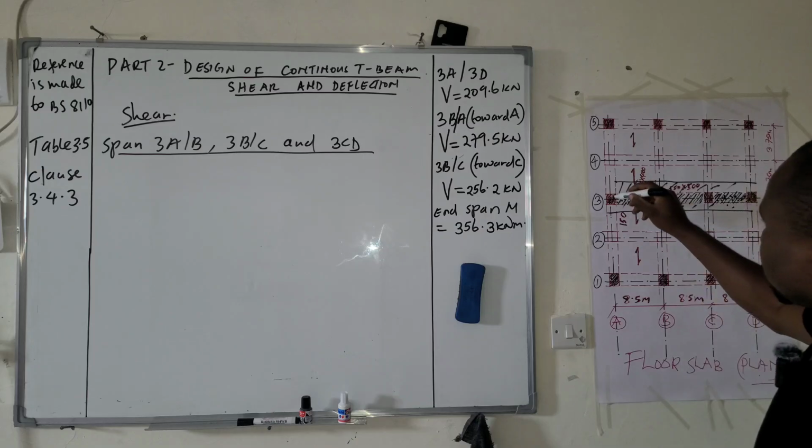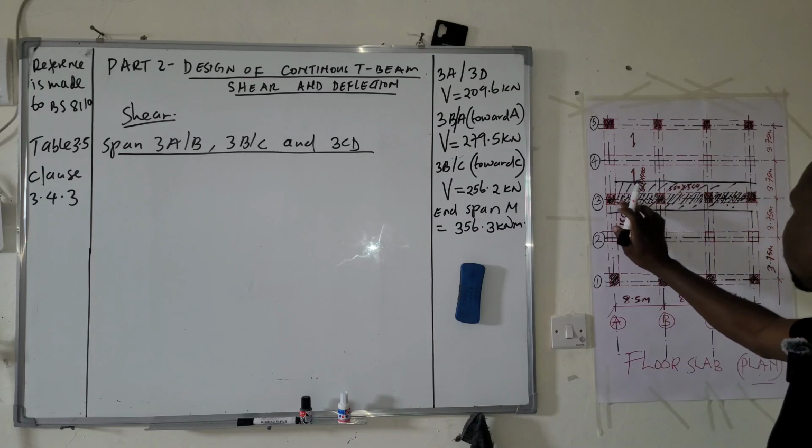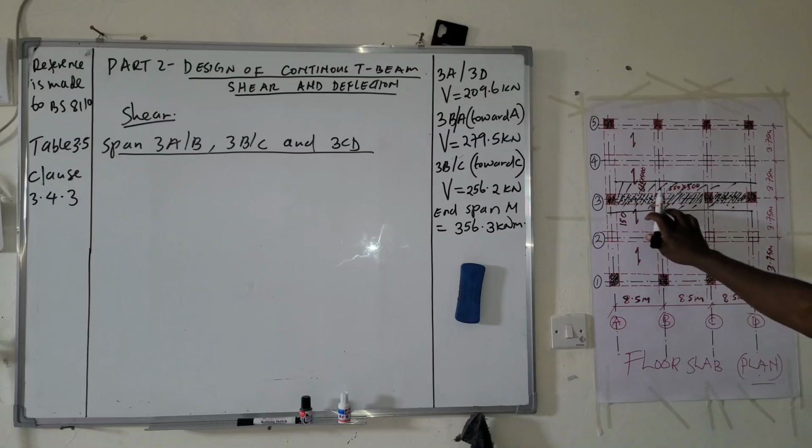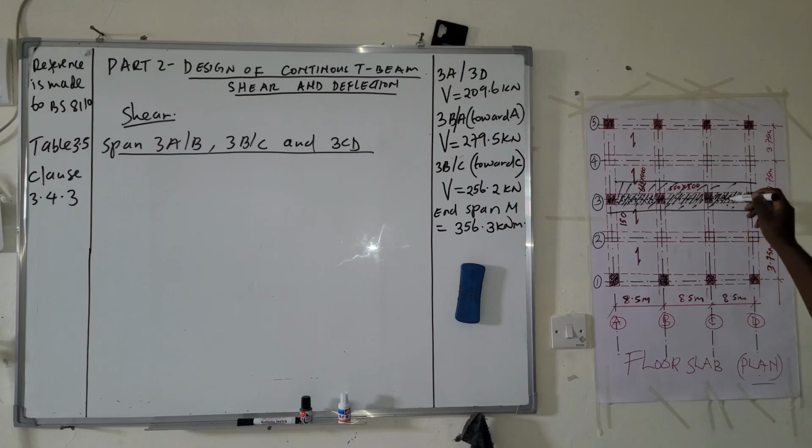This is 3A, B is here, so this span from here to here. And then 3BC, this span from here to here. And then span 3CD, this span. So 3 spans, 1, 2, 3.